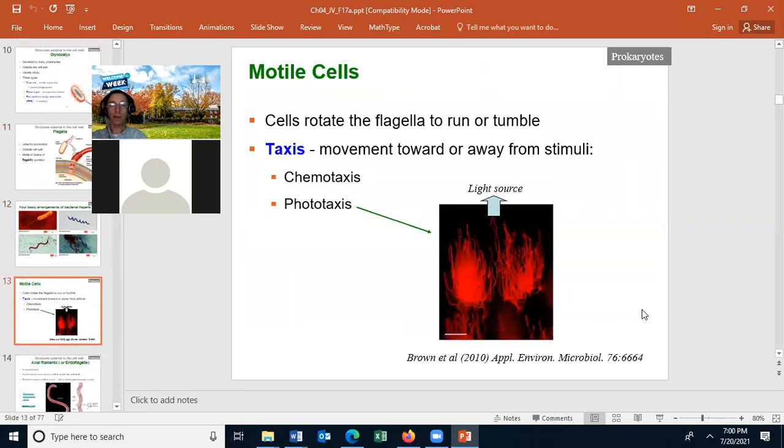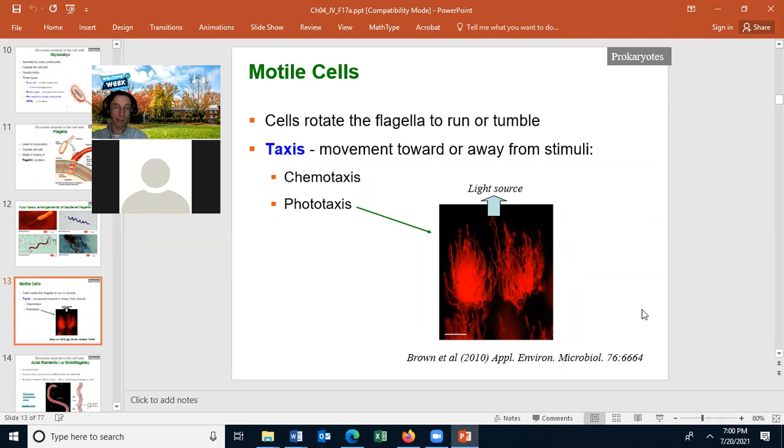Now remember, if the bacteria cells move, they must have a flagella, and cells can rotate or run or tumble using the flagella. Taxis is the movement toward or away from a stimuli. And for bacteria, we can have 2 different types of taxis.